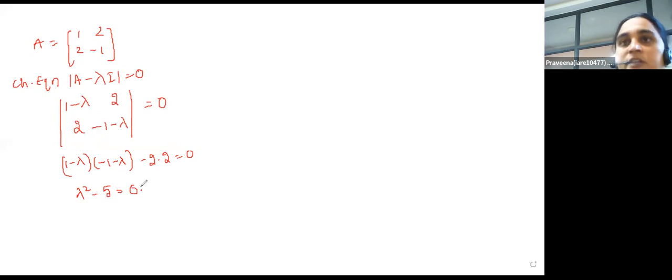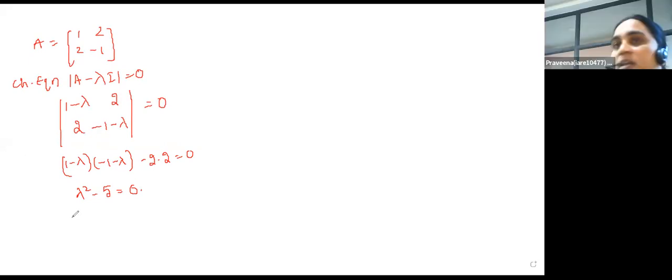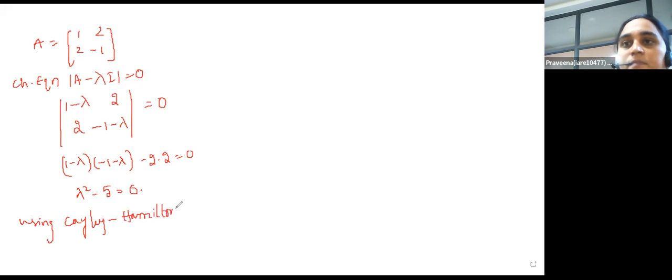Okay, now all of you got it? This polynomial is lambda square minus 5. Okay, from that, by using the Cayley-Hamilton theorem, how will we write this? Using Cayley-Hamilton, we will write this as A square minus 5I. Using the Cayley-Hamilton theorem, every square matrix satisfies its own characteristic equation, right?